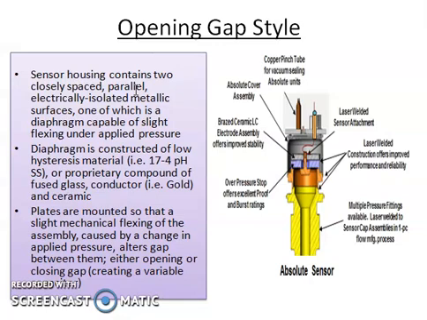The diaphragm is constructed of low hysteresis material or a compound of fused glass, conductor and ceramic, etc. The plates are mounted so that slight mechanical flexing of the assembly caused by a change in applied pressure alters the gap between them, either opening or closing it, creating a variable capacitor.